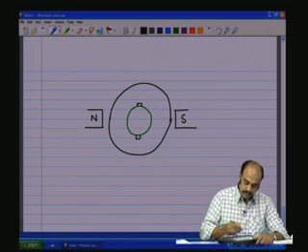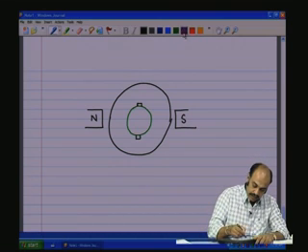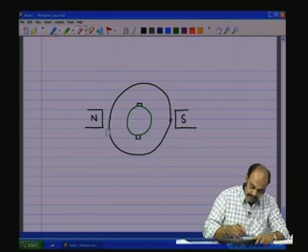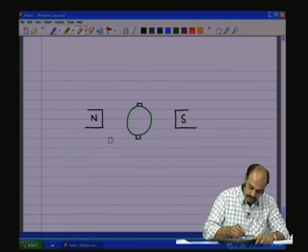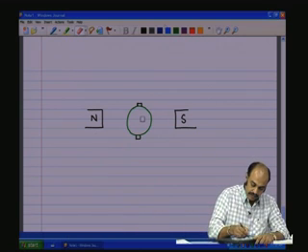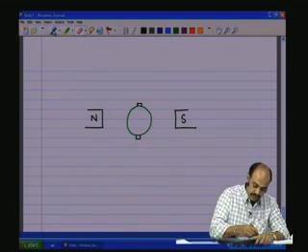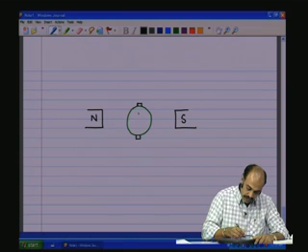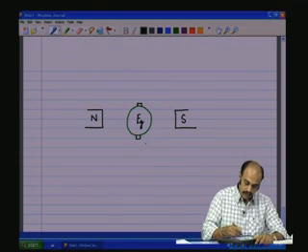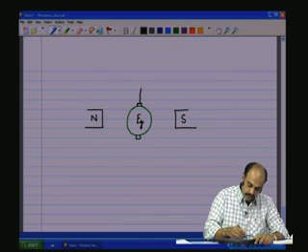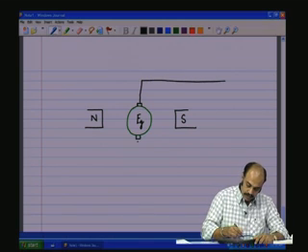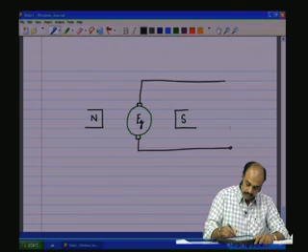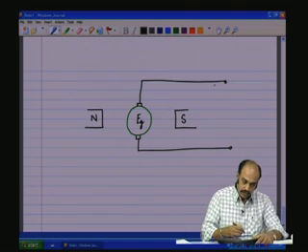Let us simplify the representation here by assuming that there exists the armature. So, we just have the commutator here and the brushes attached, which is going to generate Eg, and from the brushes we are picking up the voltage to be applied to the external circuit.